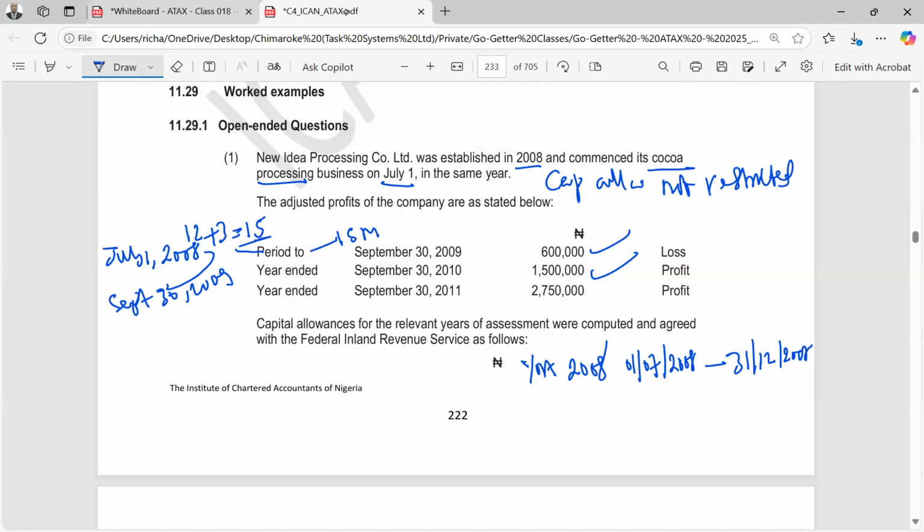Then the second year, which is the year of assessment 2009, how it is being done is they will go back again to the date the business started, July 1, 2008. And they will count 12 months from that date. So the 12 months will end June 30, 2009.